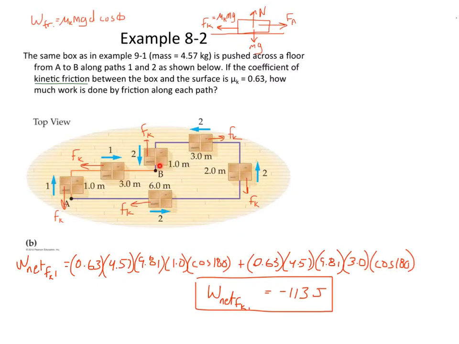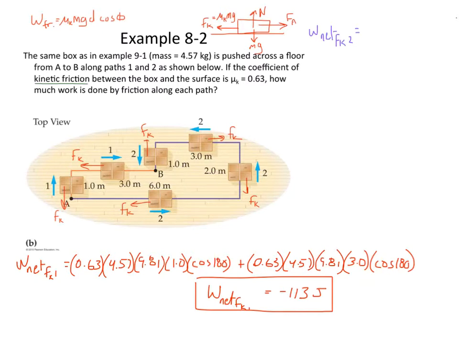Let's see if we get the same thing going from A to B by way of a different path. With friction being a non-conservative force, I think we're going to find that we will not. I'm going to do this on the right-hand side, kind of vertically since I don't have a nice horizontal space to write. The net work done by kinetic friction for path 2 is what?